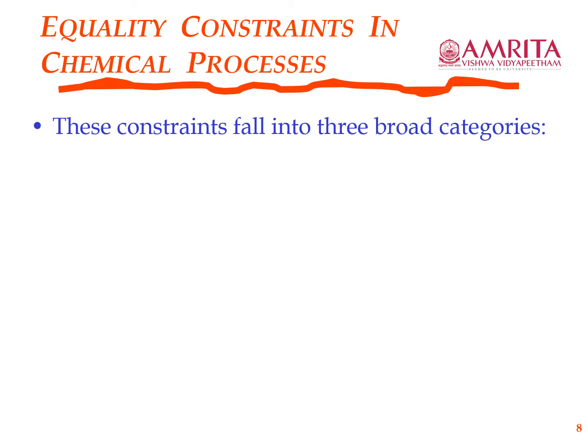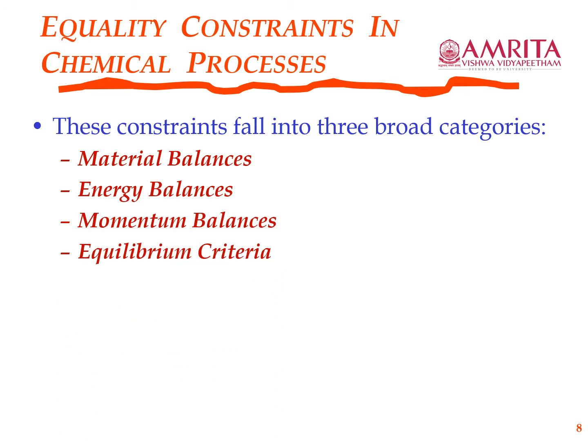So if you look at equality constraints, they fall into three broad categories. One is the kind of conservation equations. You have overall material balance or species balance, energy balance, momentum balance, and then you also have certain properties that are fixed across interfaces, like temperature, pressure, or chemical potential as part of equilibrium.